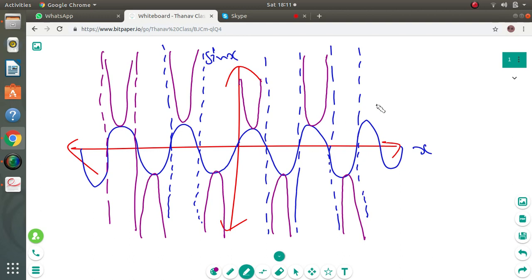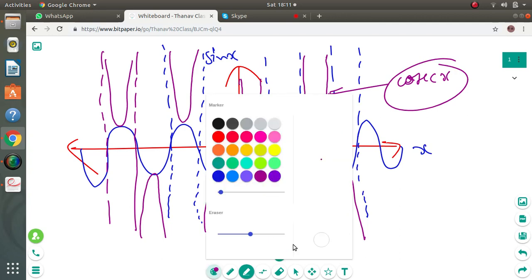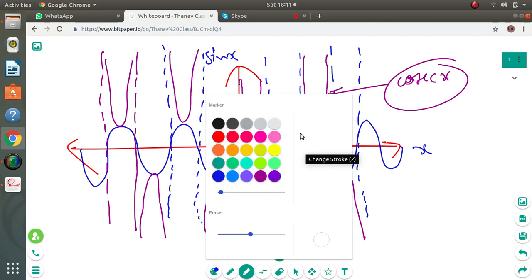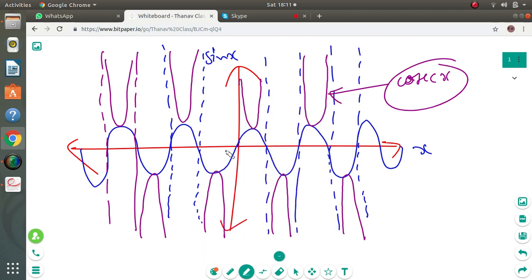Now, minus cos x is what? Minus of that would just make the positive become negative. See, minus of cosec x will become like this, a reflection in the x-axis or in the y-axis? In the y-axis. Yeah, here we have the minus one like this. This will be minus cosec x.